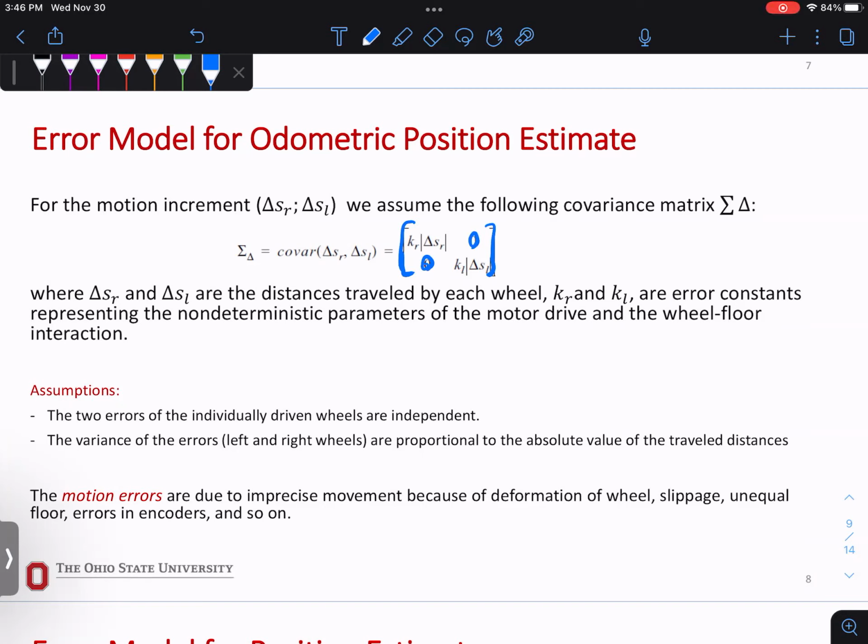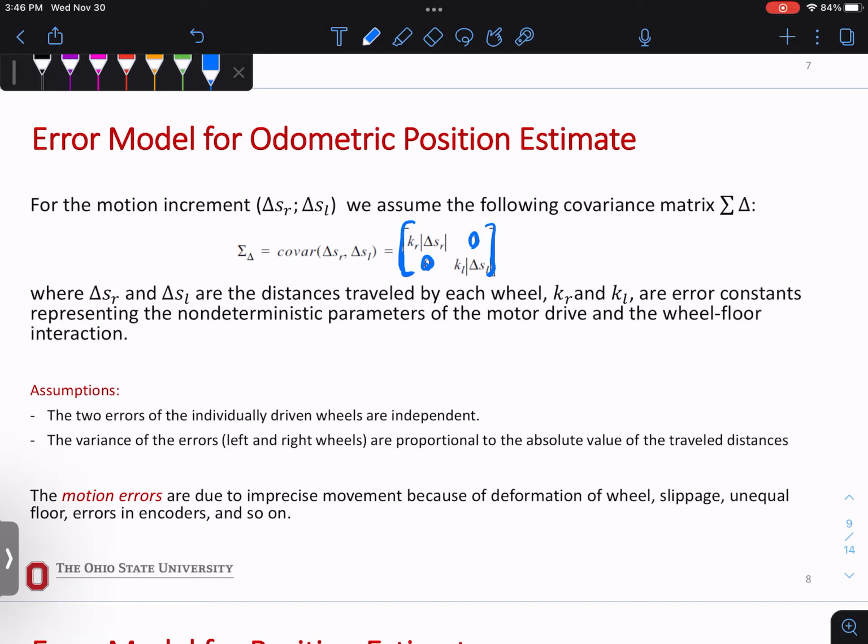On the diagonal, it is defined as KR, a fixed coefficient, times delta SR, the distance traveled. So there is a direct relationship to that. Meaning that if I travel 0, my covariance is 0. If I travel 1 centimeter, covariance is lower than if I travel 10 centimeters. Basically defining a linear thing, right? Making our life easy again. Now I have the covariance defined.